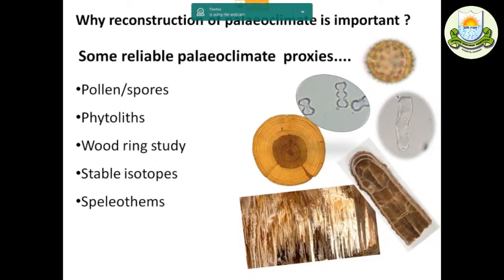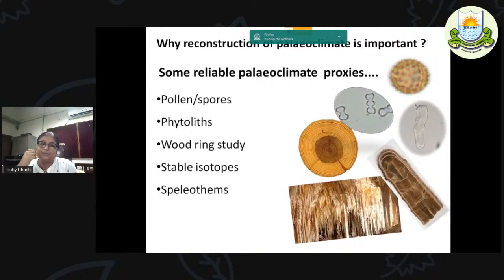With this uniqueness, they help us identify up to the genus or species level of the plant, so we can reconstruct the vegetation from these tiny bioclimatic proxies. Since long we have been using these, and they are very efficient. The porous pollenin in the wall of these pollen grains or spores gives them resistance against physical destruction during preservation. Okay, now tree rings are also very important bioclimatic proxies.